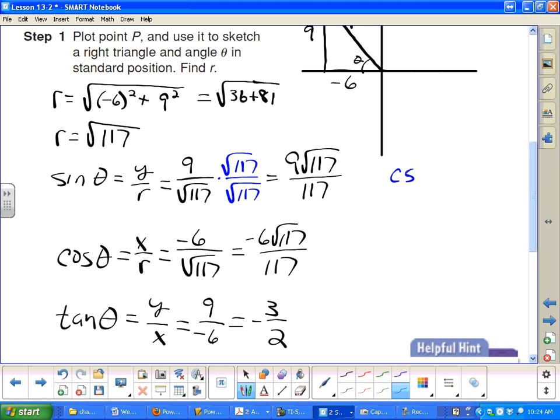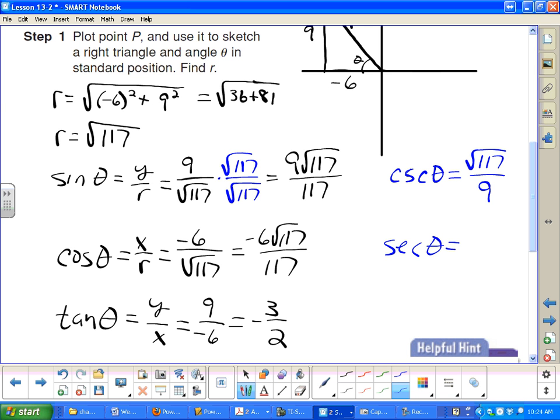So cosecant then is equal to the reciprocal of sine. So I go back to the easiest one to work with here, and that would be the 9 over square root of 117, because then I just take the reciprocal of that, square root of 117 over 9. Secant, reciprocal of cosine.